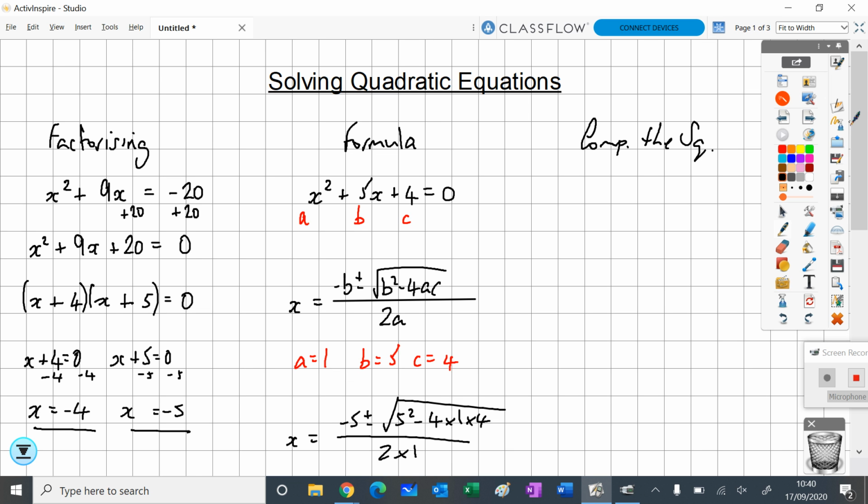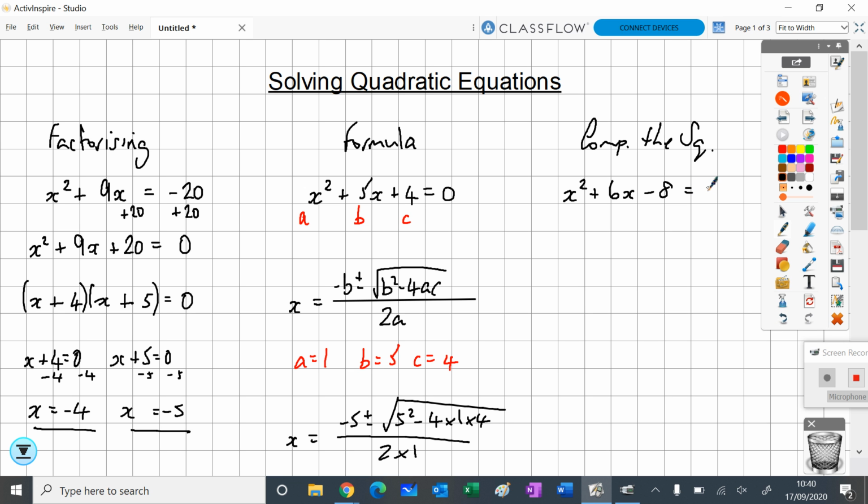Completing the square. Again, I'm going to do a simple example just to illustrate the point. Let's suppose we had x squared plus 6x plus 8 equals, no, let's change that, minus 8 equals 0.